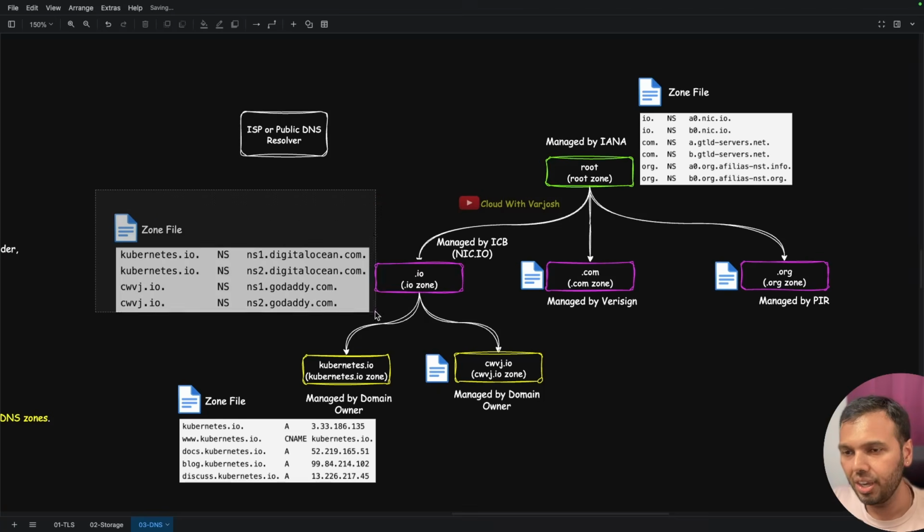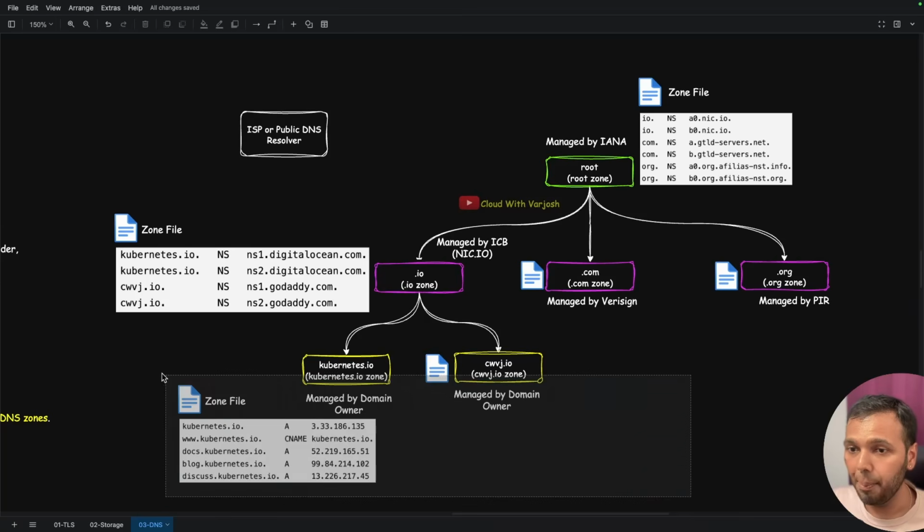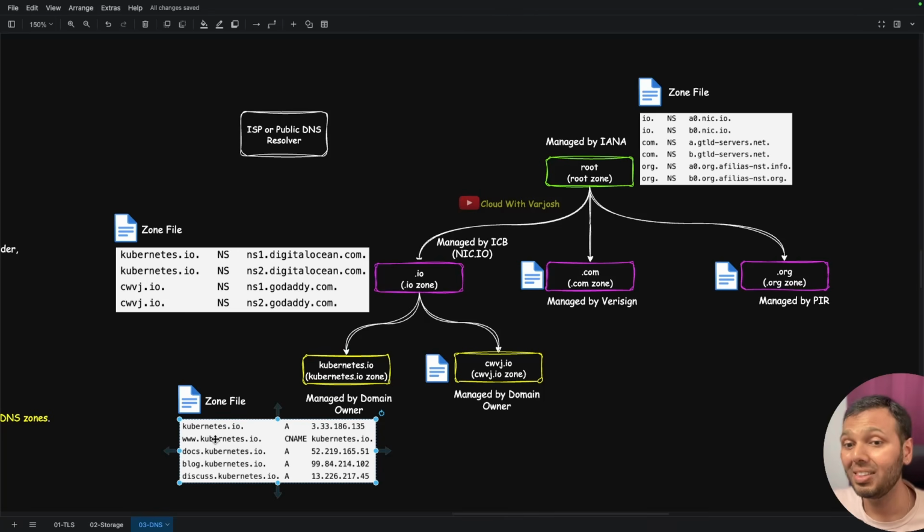If I move here, the .io zone has this zone file, and this zone file has details about the name servers of kubernetes.io and cloudwithvarjosh.io. And then if I move here, you have the kubernetes.io zone, and this zone file has all the records for the kubernetes.io domain.